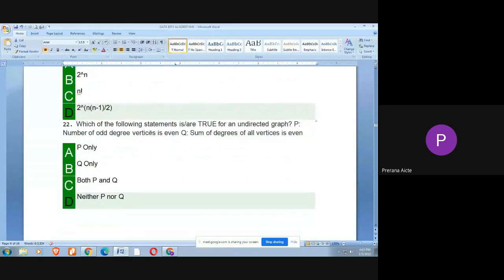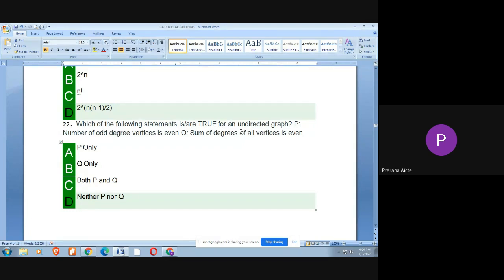Which of the following statements is are true for an undirected graph? P: Number of odd degree vertices is even. Q: Sum of degrees of all vertices is even. So statement P, number of odd degree vertices is even, is true. Why? Because adding an edge always increases the degree of two vertices by 1.